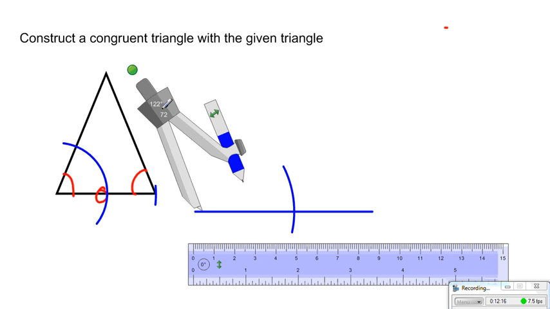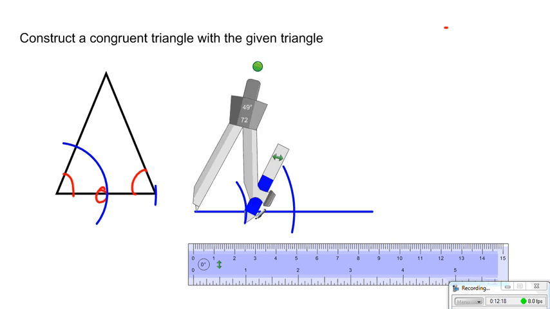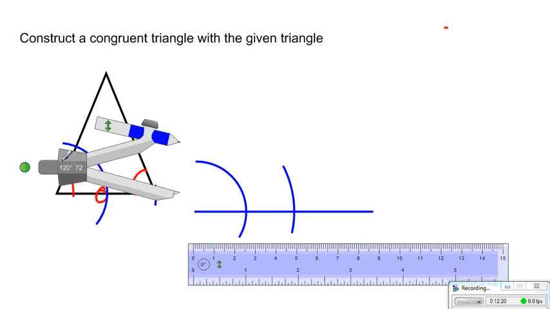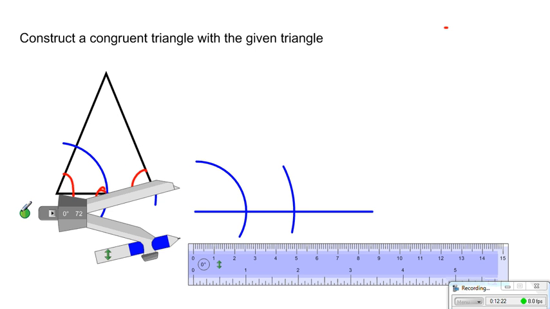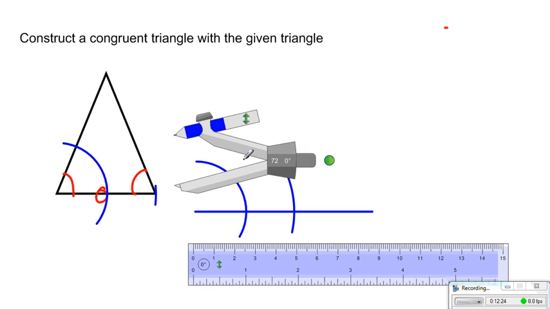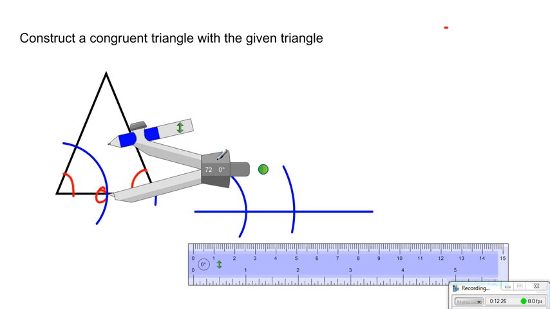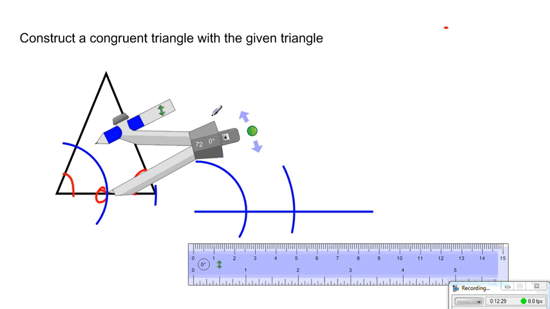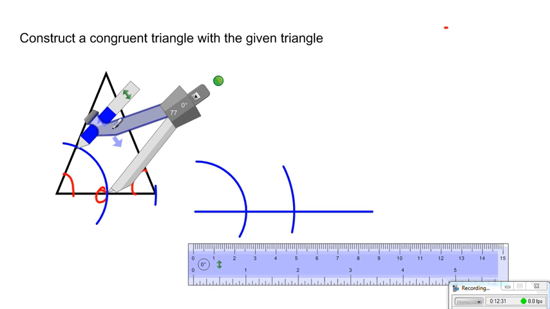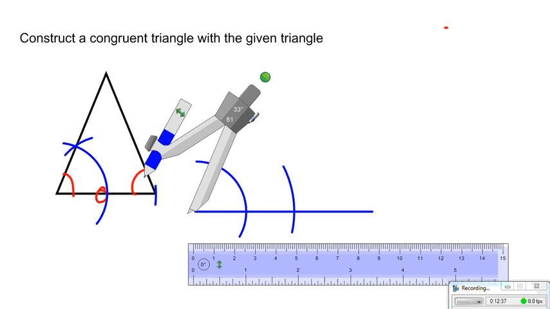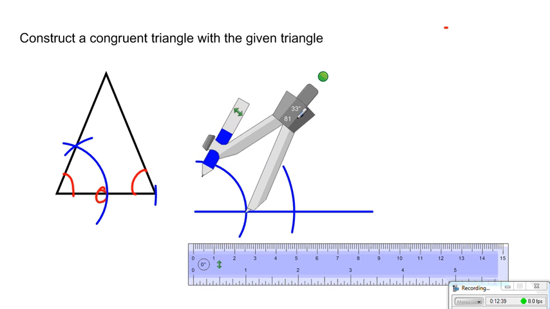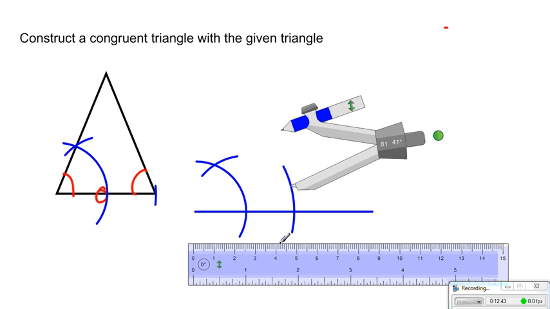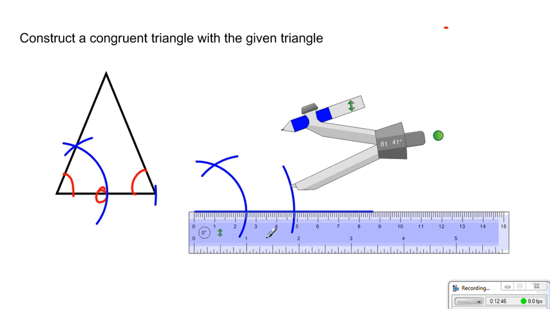So the first part will be drawn over here, and let's measure the spread. All right, so we can draw one side, as you can see.